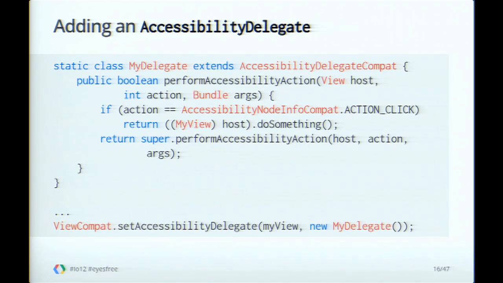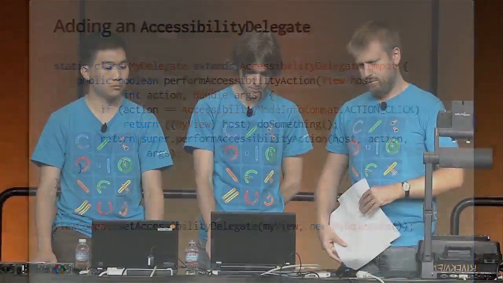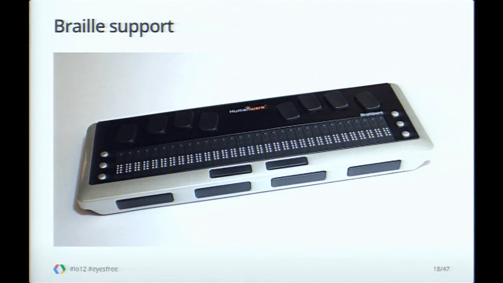So, what can all these additions be used for? The new features of the platform enable us to add Braille support. Sometimes blind users prefer to use something called a refreshable Braille display, and this is an alternative way of interacting with the system.